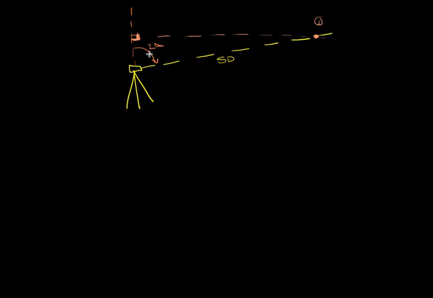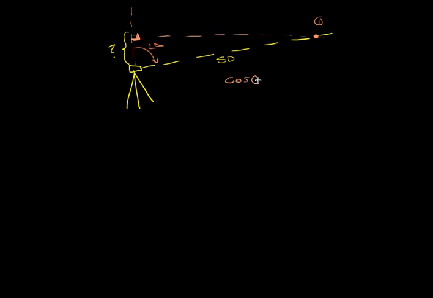So how do you solve for this vertical change? We want this distance right here to get to the elevation up here. Well, it's the zenith angle and the slope distance, so we have to use trigonometry. Which function? This vertical change is adjacent over hypotenuse, so it's going to be the cosine.